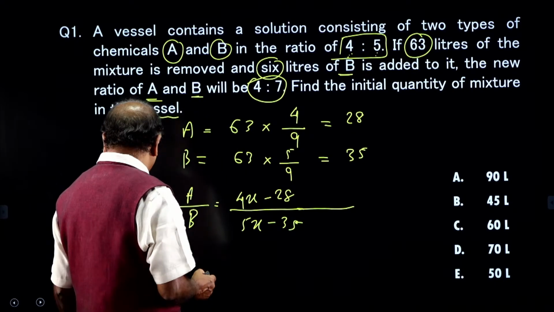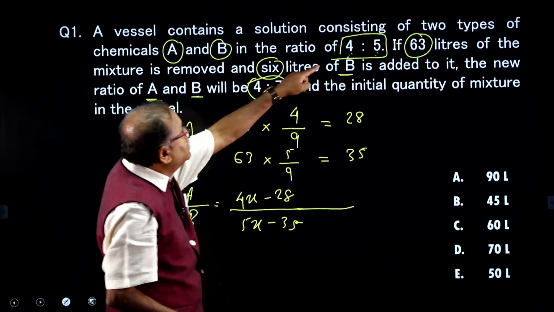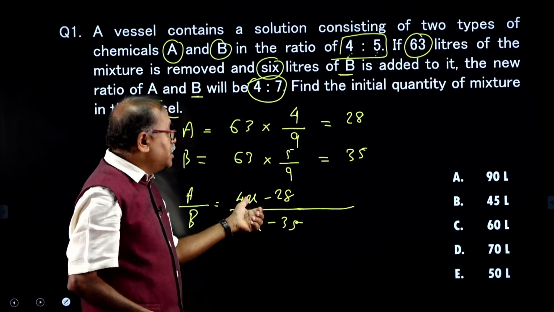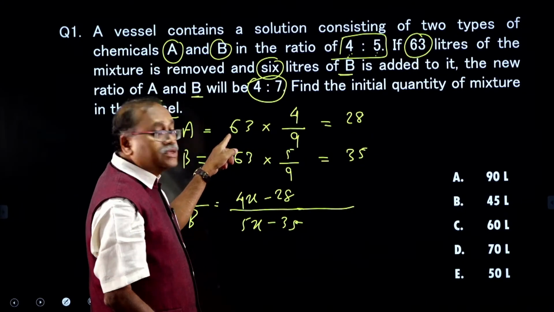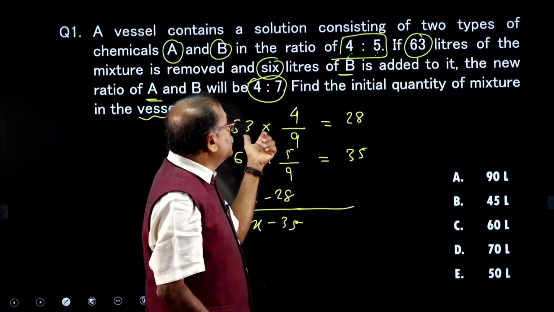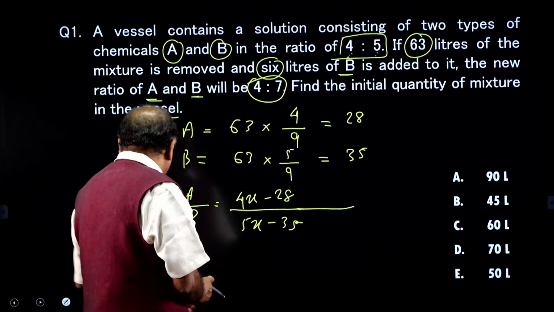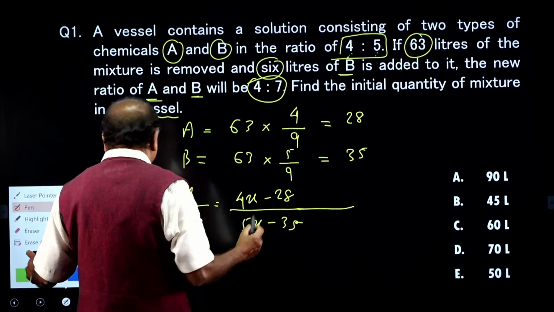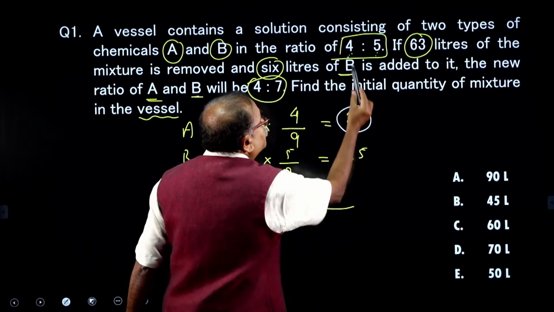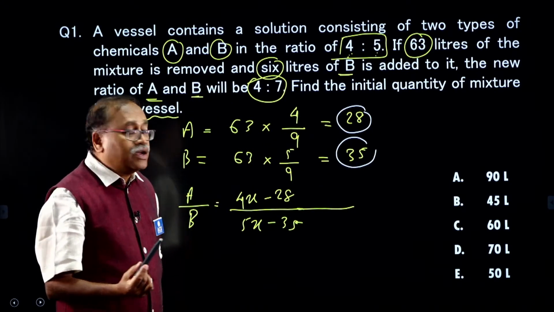Now, what I try to do is complete this one. You already know that the A is 4x and the B is 5x. Now, when you are taking out 63 liters, then 28 the A and 35 the B in the 63, that is 4:5 ratio. So, 28 liter is out here from 4x, and from 5x 35 liter is out here.